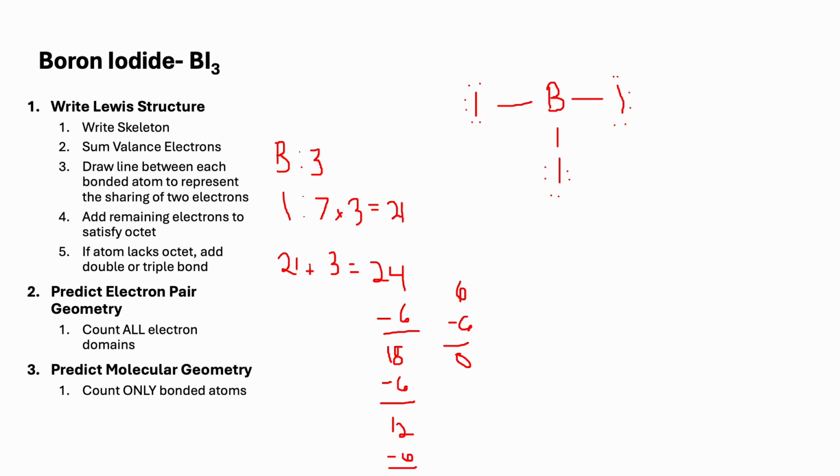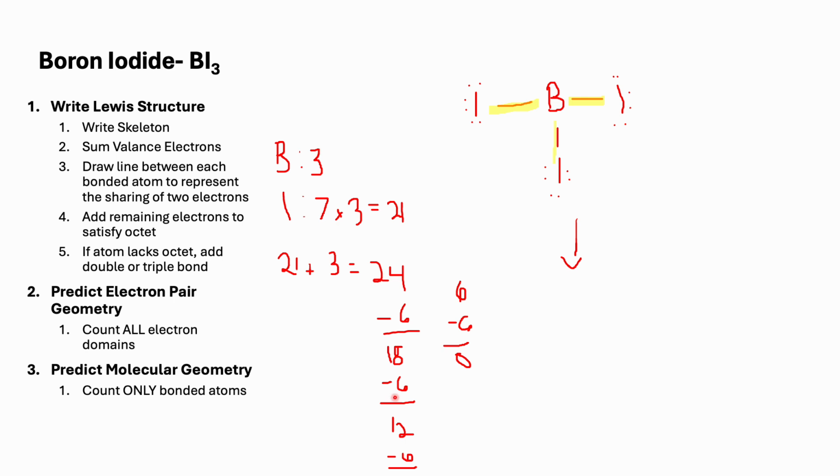So now we are going to predict its electron pair geometry. And to predict its electron pair geometry, you're going to count all of its electron domains. So that includes any lone pairs and bonded atoms. And so boron does not have any lone pairs, and it has 3 bonded atoms.